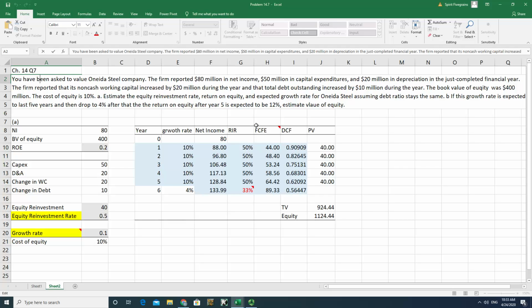Okay, once again, this is a free cash flow to equity model. How do you get a free cash flow to equity? It equals net income, minus capital expenditure plus depreciation and amortization, then minus change in working capital, and plus change in debt.